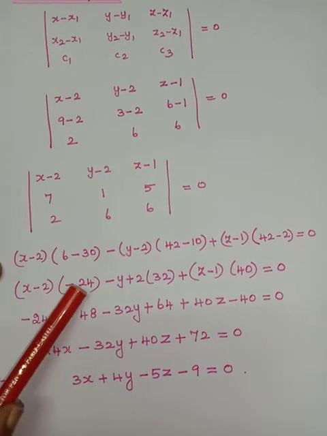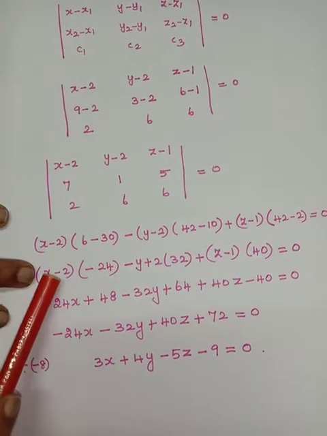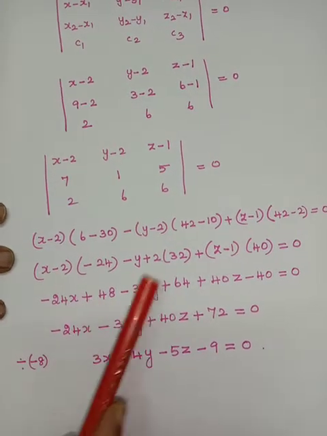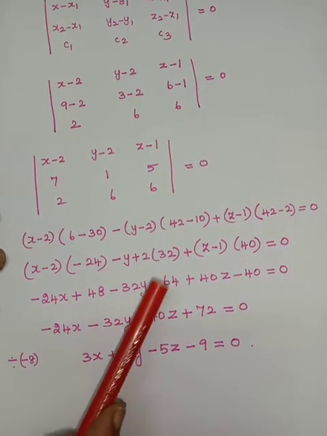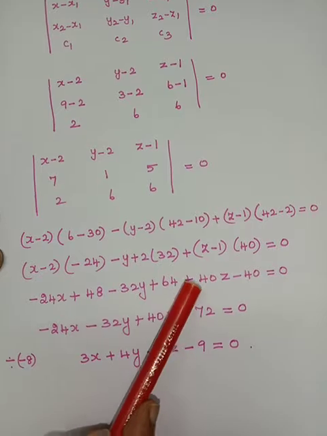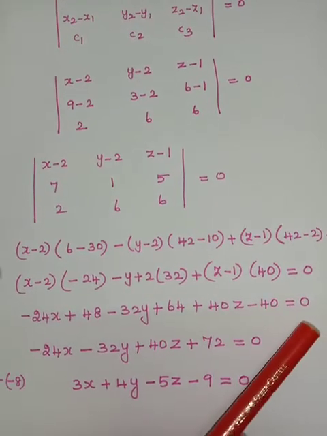Take this number minus 24, when you multiply with the x it is minus 24x. Minus 24 into minus 2 is plus 48. Take this number 32 into minus y, minus 32y, plus 32 into 2, 64, plus 40 into z, 40z, minus 40 which is equal to 0.